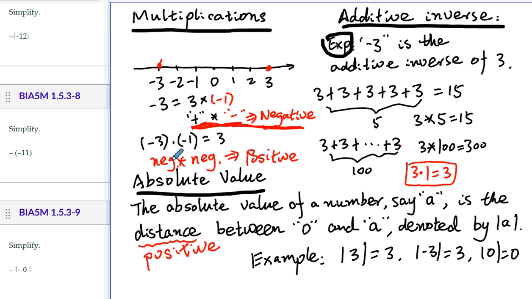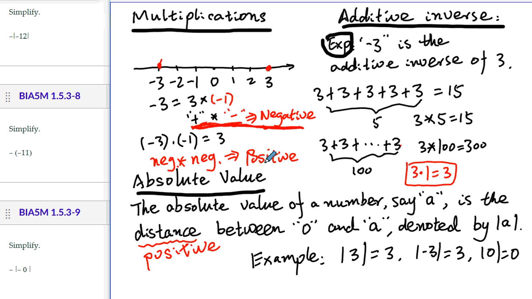So that's why we have a negative times negative. It's going to be positive. So negative, negative, positive. Positive, positive, positive. And then positive, negative, or negative, positive. When the signs are different, you will go to negative. That's the reason why positive, negative is negative. Why negative, negative is positive.